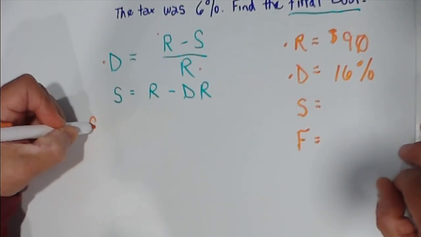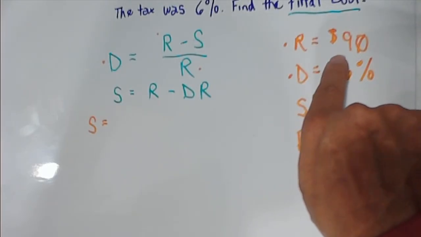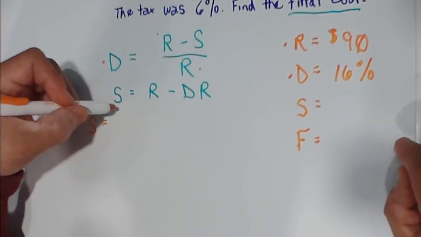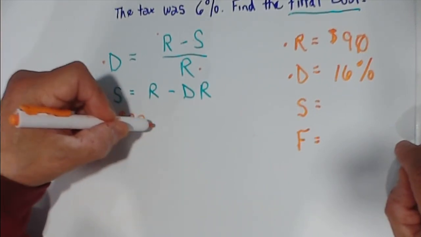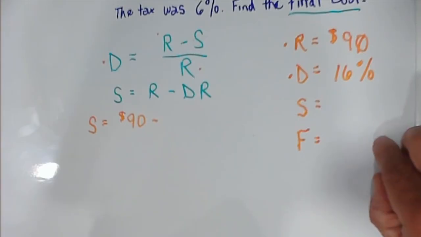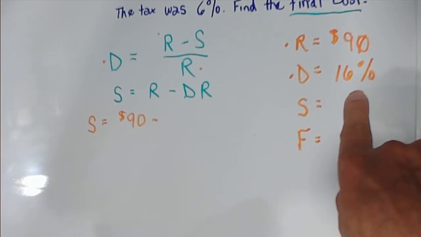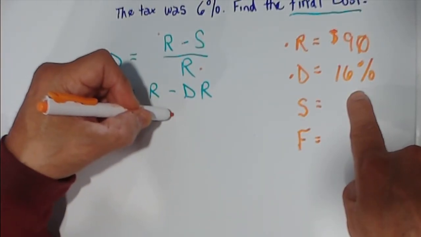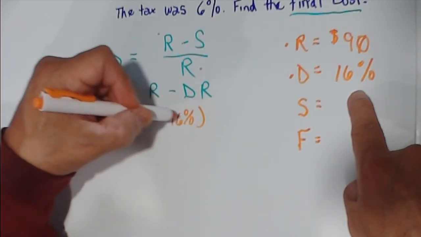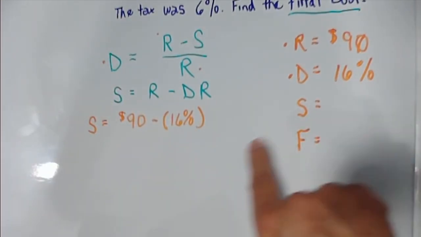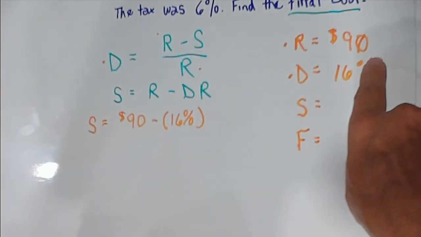S is equal to the original price, $90, minus the discount, 16%, times the regular price, $90.